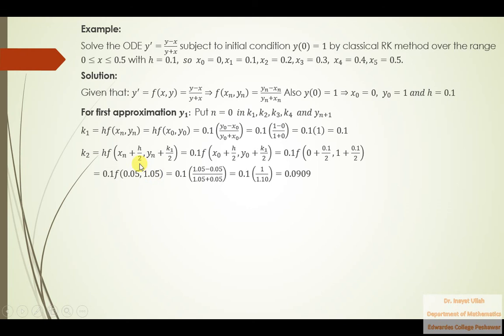So that is the function of 0.05 comma 1.05. It means that instead of xn we need to put 0.05, and instead of yn we need to put 1.05.